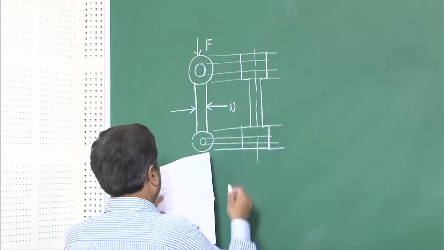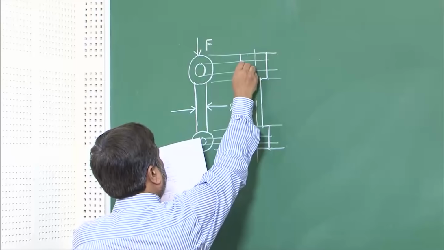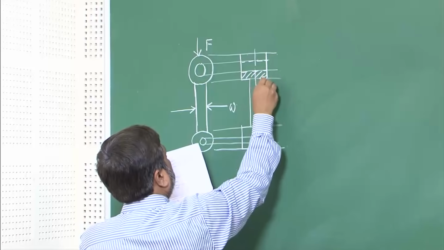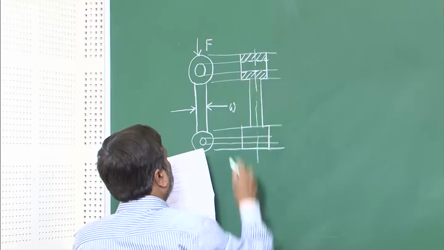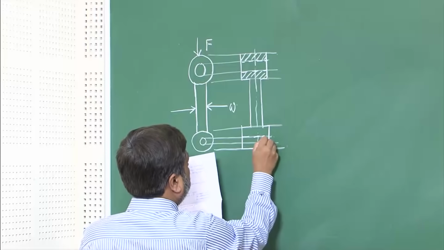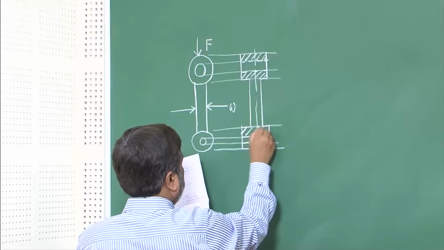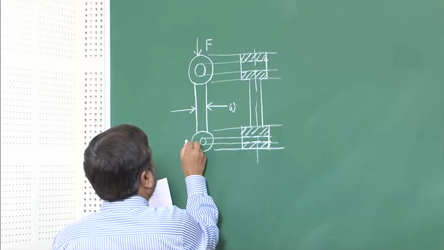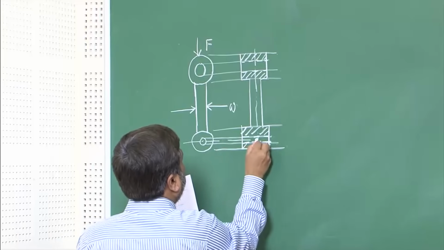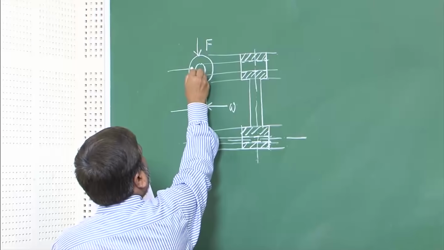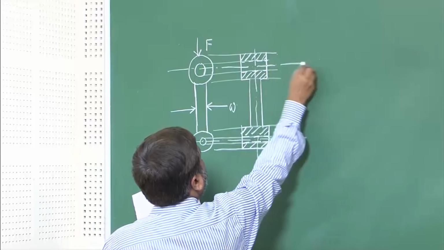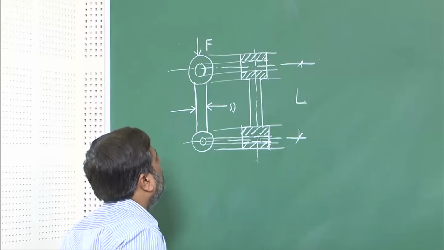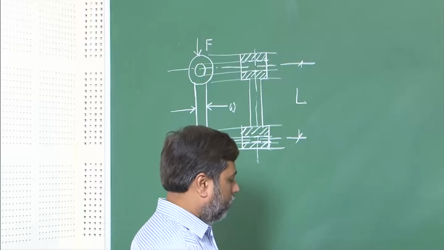Okay, and we are going to have slots here. That's the solid part of the material. Right, and of this center line to this center line, the distance is L. This is the approximate drawing of our connecting rod.